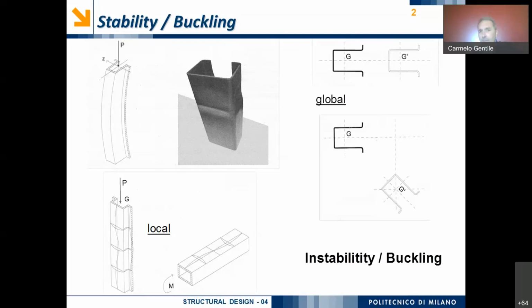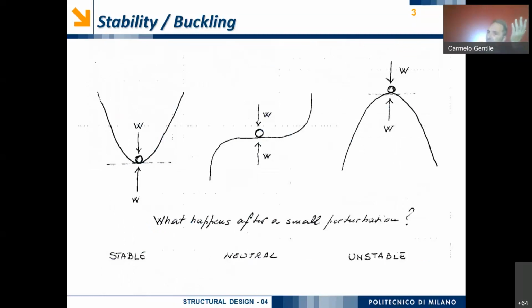Of course, the simplest way of defining stability or instability is to look at a small ball which is constrained to something, a guide like this. Of course, we can define three different equilibrium positions.